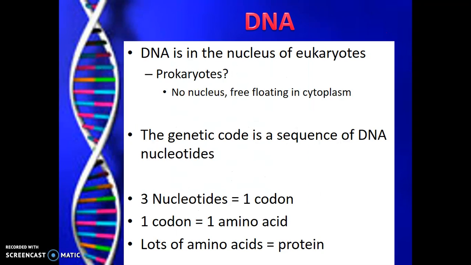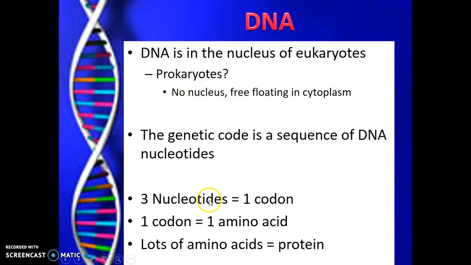So just a reminder of a few things. DNA in eukaryotes is found in the nucleus. Prokaryotes don't have a nucleus, but they still have DNA. It's just free floating in the cytoplasm. And your DNA is your genetic code. And so here's a couple of words for you.